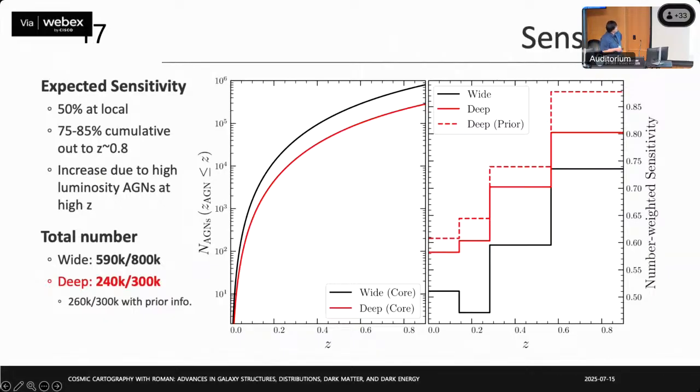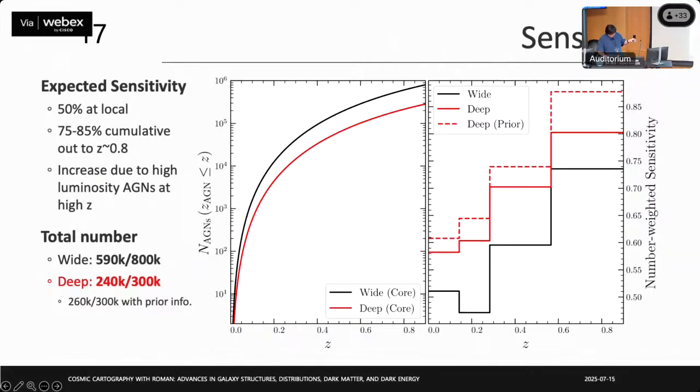At redshift 0.8, this increase is due to there being higher luminosity AGNs at the high redshifts. And in total, we expect to see about 500,000 AGNs in the wide tier survey, and 250,000 AGNs in the deep tier survey, for which we can discern the geometry.